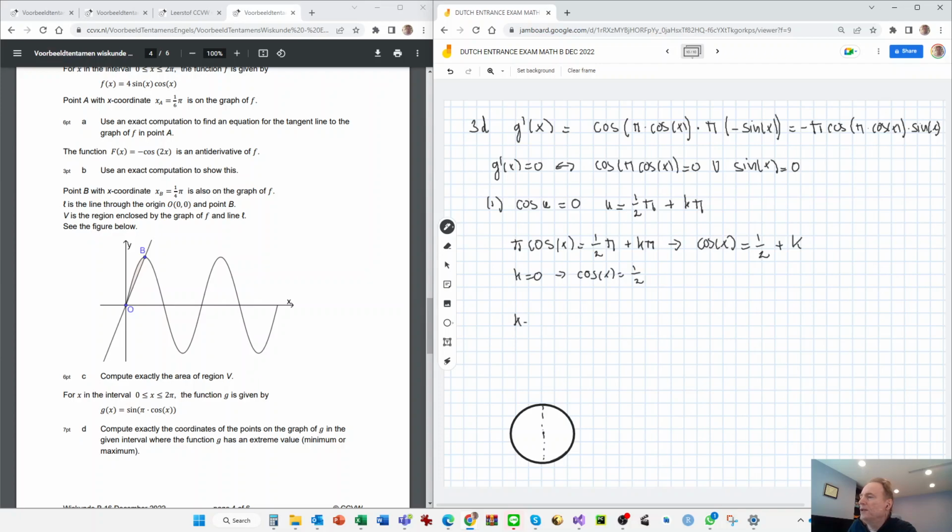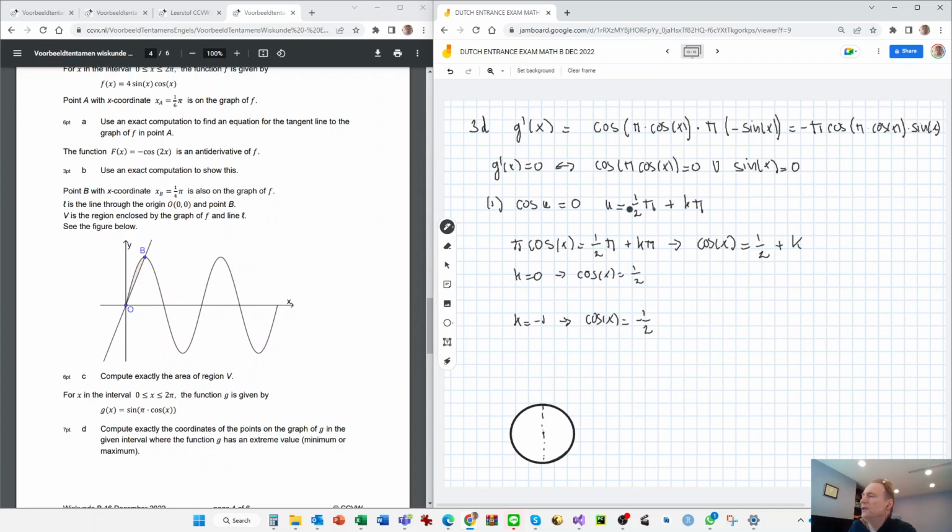Or if k is 1, that can never happen, there's no x. k equal to 2, 3 also not, but on the negative side, k is -1, we have cosine of x is -1/2. That's also possible. Then -2 here, again, it's not possible, outside the range of cosine.